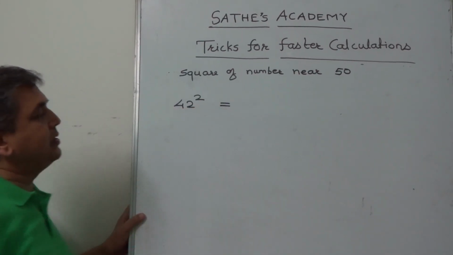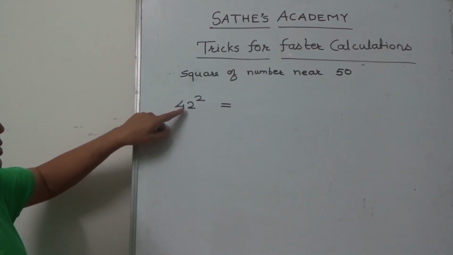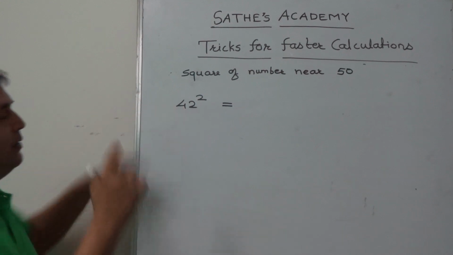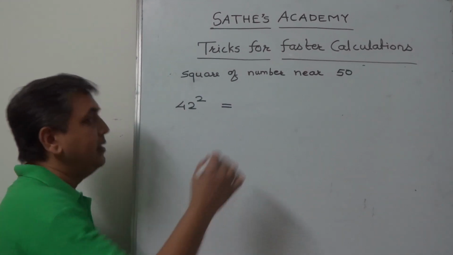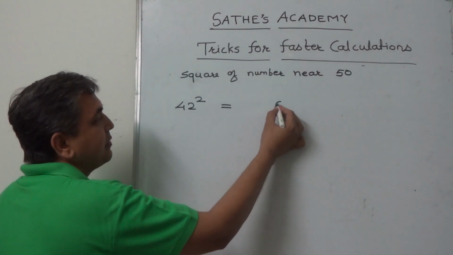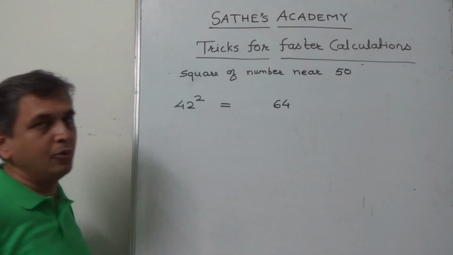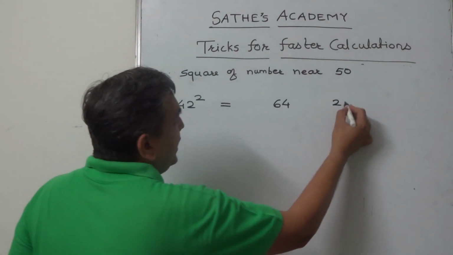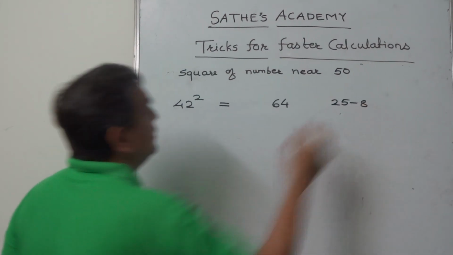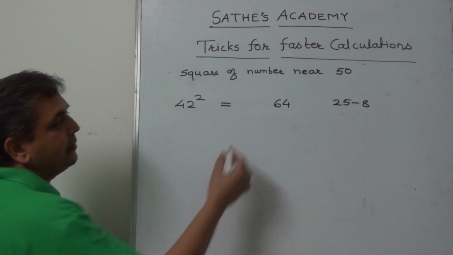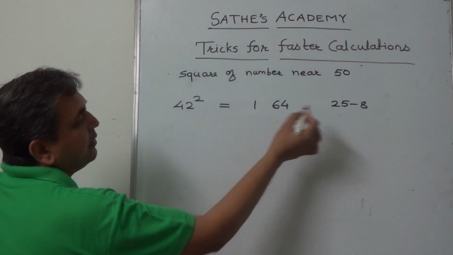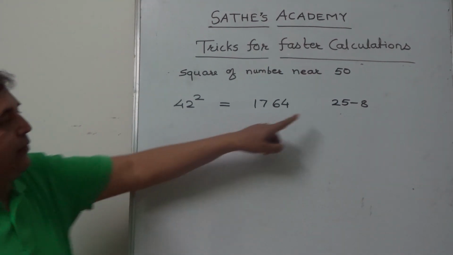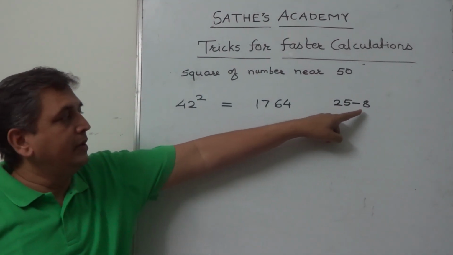Now what we do is, we find the difference of this number from 50. 42 and 50. What is the difference? 8. So we take 8 square is 64. Now the difference is 8. We subtract that 8 from 25. 25 minus 8 is 17. So always we have to subtract the difference from 25.